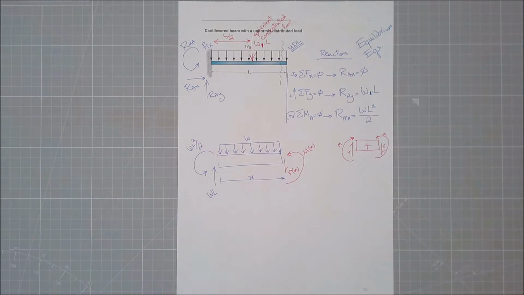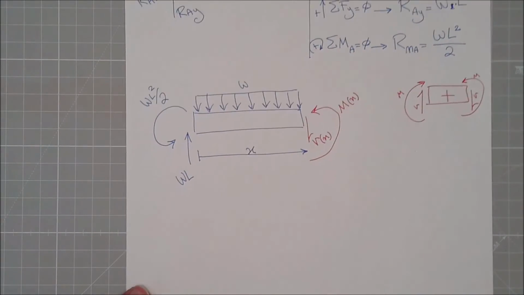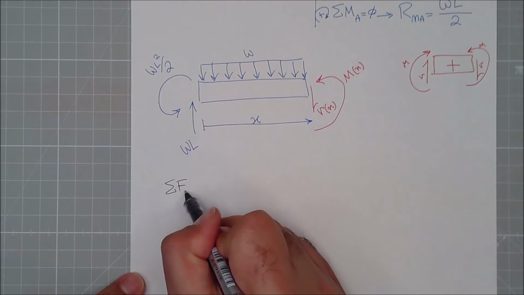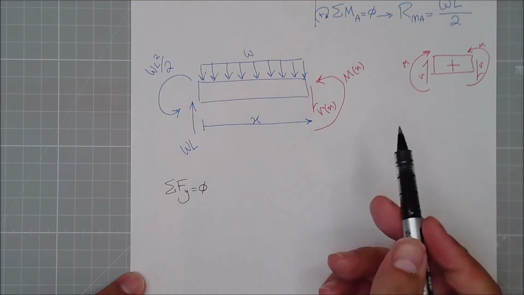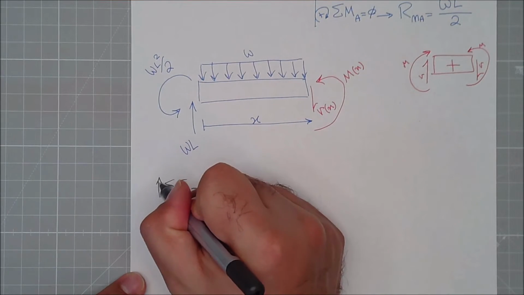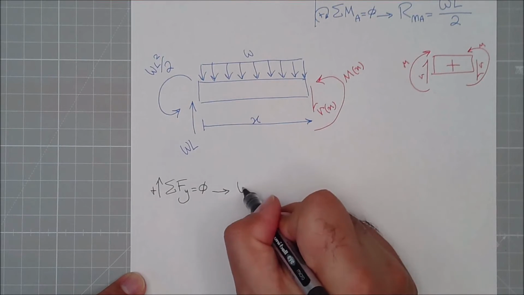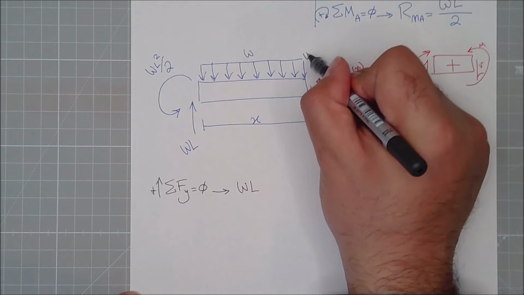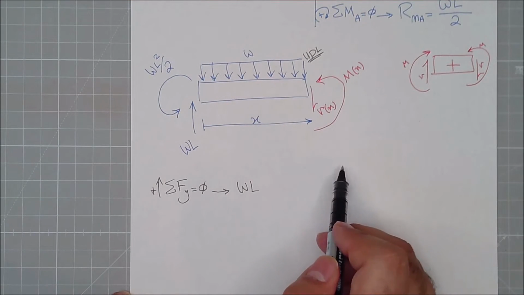Can I calculate it? Yes. Simply, let's zoom in. Summation of all forces in the y direction equals 0. I'm not putting x because there's no x. I consider this direction as positive. It will be WL going upward. I have a uniformly distributed load here, distributed along x.